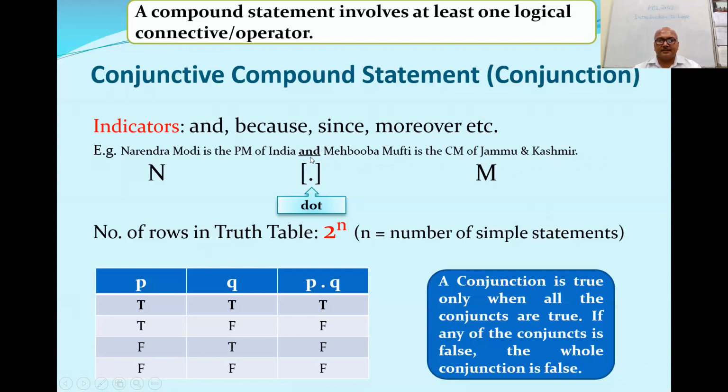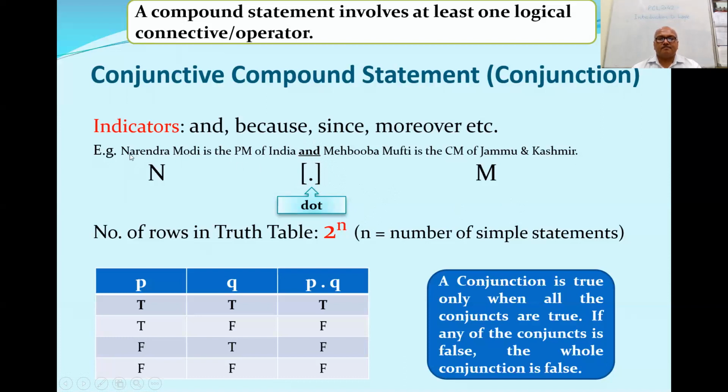And this connective, the conjunction, is represented with the help of a dot. That is the logical notation. There are other methods also. For example, somewhere you may find inverse V. In some books you will find inverse V adopted for representing the conjunction. But here in our course, we follow this dot.